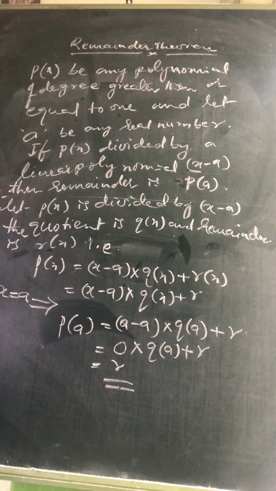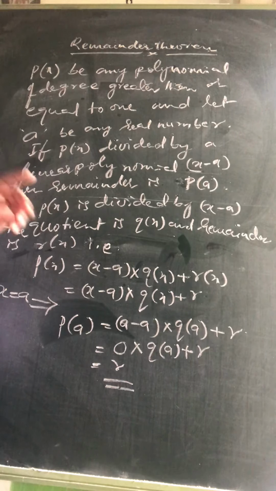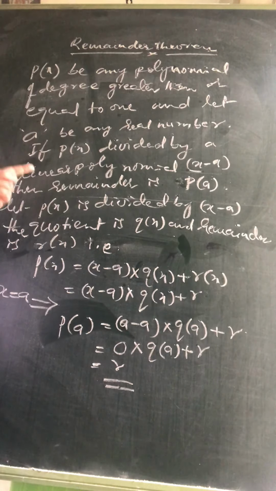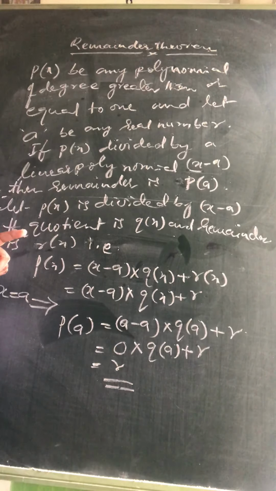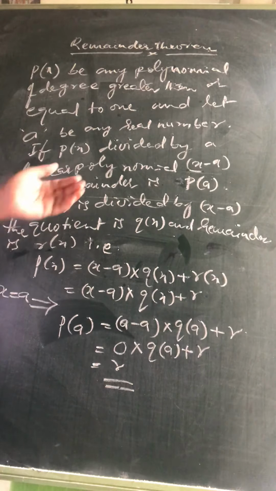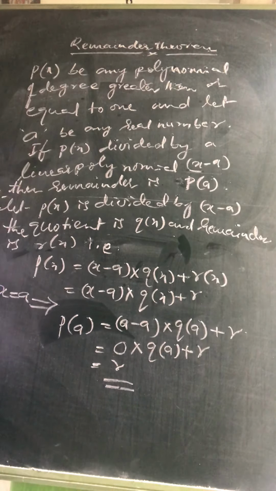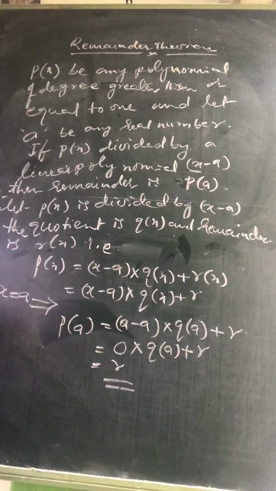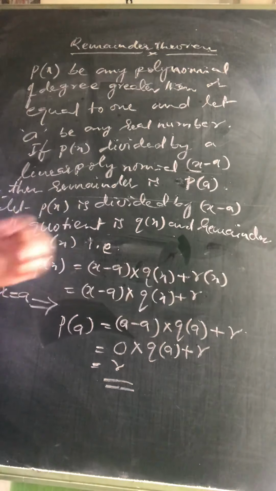The degree of the remainder must be less than the degree of the divisor. Since the divisor is a linear polynomial with degree 1, the degree of the remainder must be less than 1, that is 0. So we can write r of x as r into x to the power of 0. X to the power of 0 is 1, and 1 into r is r.